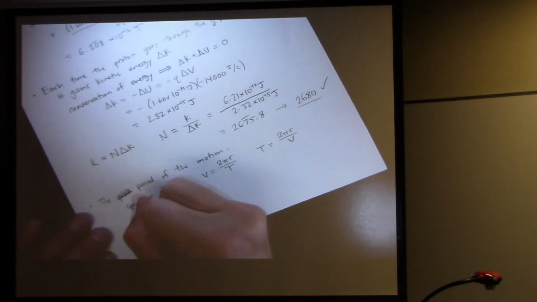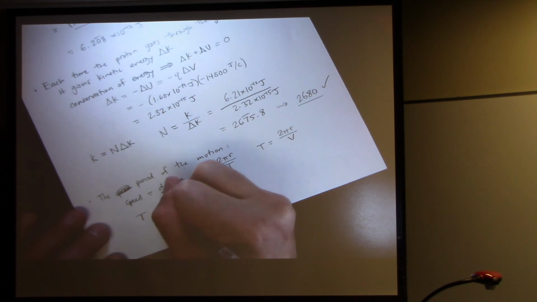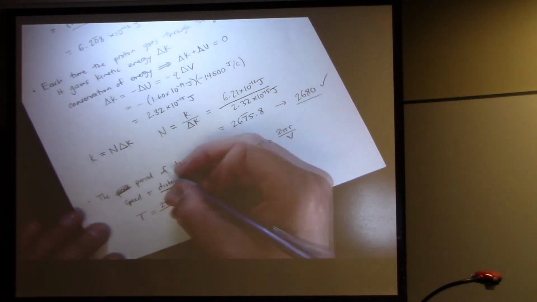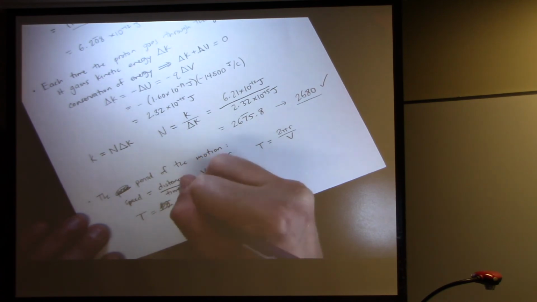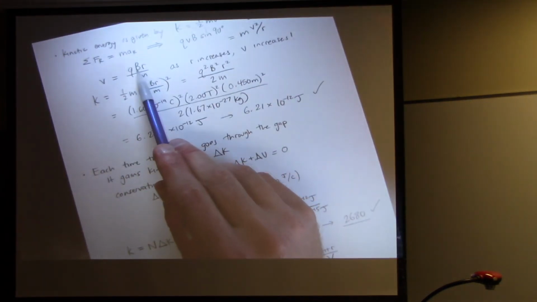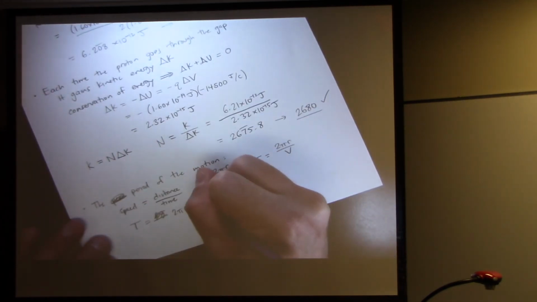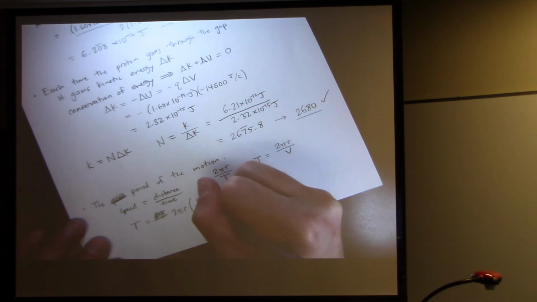Let's write this as 2 pi r times the expression for v that we came up with up here, which was qBr divided by m.